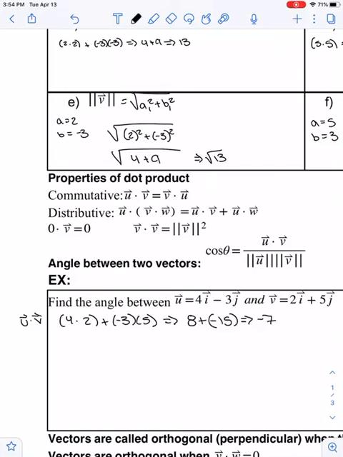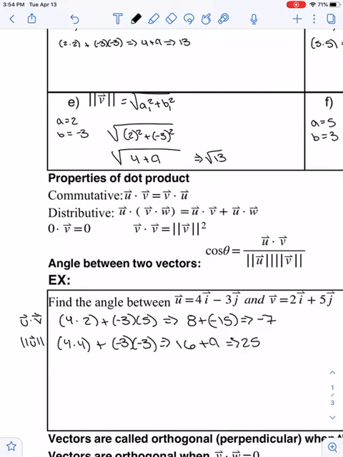Now I'm going to do the magnitude of u, and we do that by the dot product of u times u. So 4 times 4 plus negative 3 times negative 3, and that equals 16 plus 9.